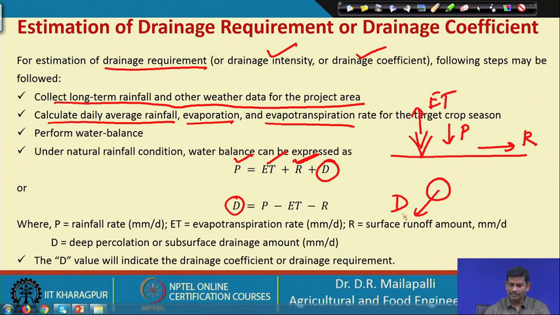So, using this water balance, D is estimated: D is equal to P minus ET minus R. Since we are balancing daily, D gives the drainage water per day. So, that will be equal to the drainage coefficient.